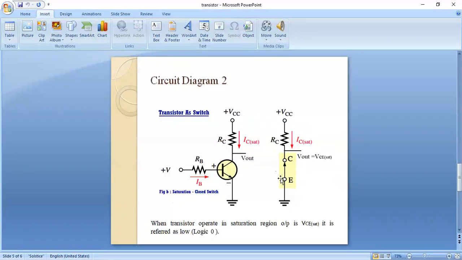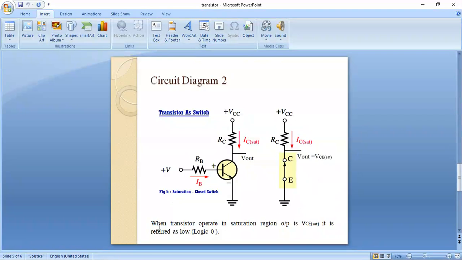As it is a closed switch, a voltage drop occurs across IC RC at the collector terminal. So you get the output voltage, which is a very small value. It is also called the collector to emitter saturation voltage, whose value is 0.2 volt for a silicon transistor and 0.1 volt for a germanium transistor, which is very small.